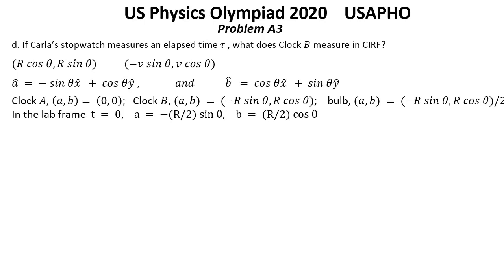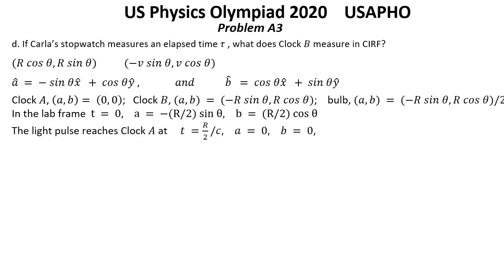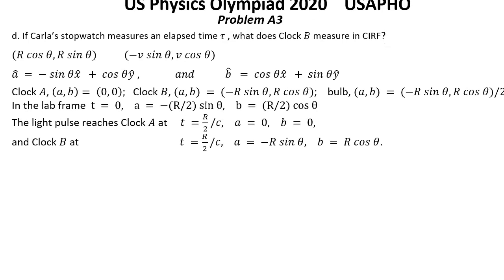The light pulse reaches clock A at t equals r over 2c, a equals 0, b equals 0, and clock B at t equals r over 2c, a equals negative r sin theta, and b equals r cos theta.